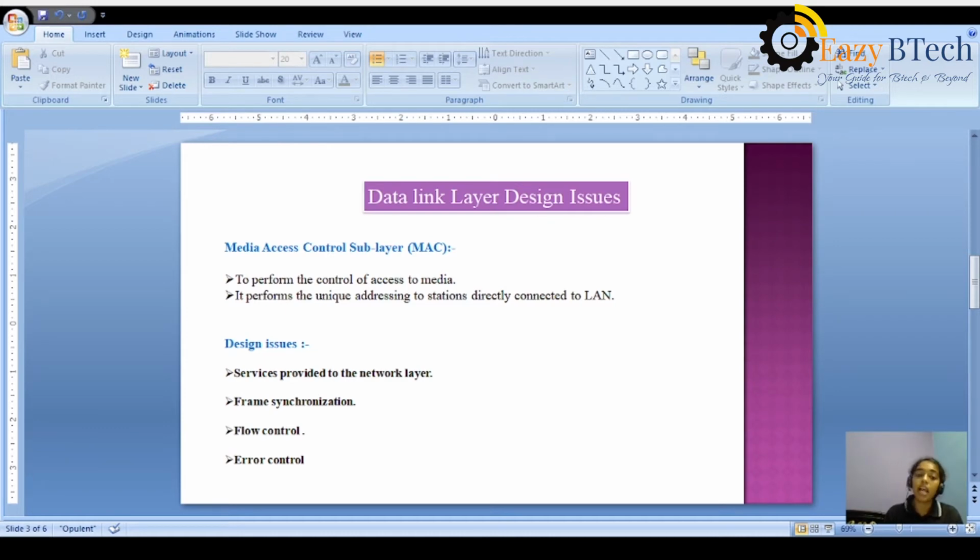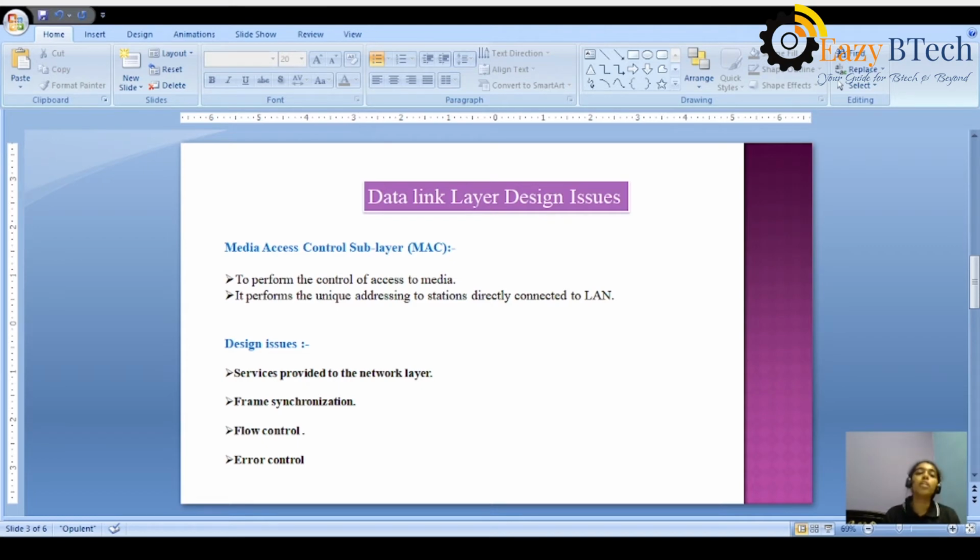And the hardware address is used to identify the device uniquely. So the MAC layer is responsible for physical addressing. It performs unique addressing of stations directly connected to the LAN. By this physical address, the device is uniquely identified in the network.